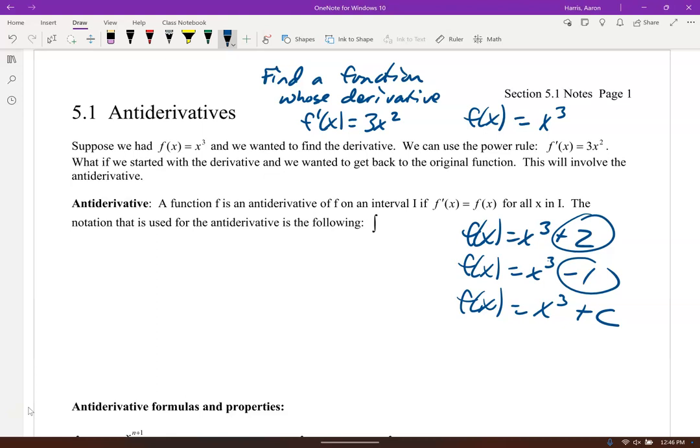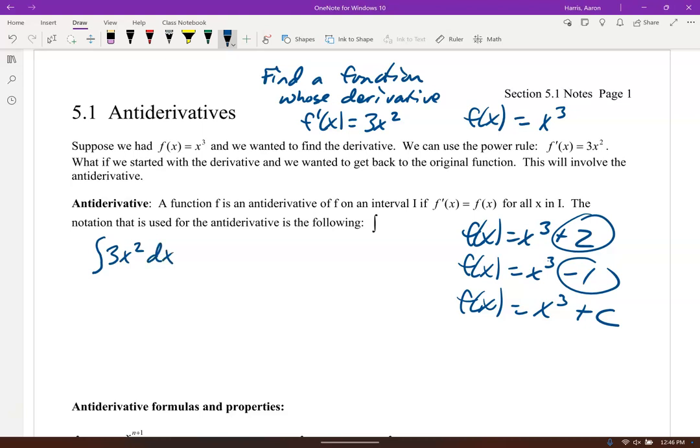So let's attach a little notation to this. We're going to go backwards. I'm sorry, we're finding the antiderivative of 3x squared, right?